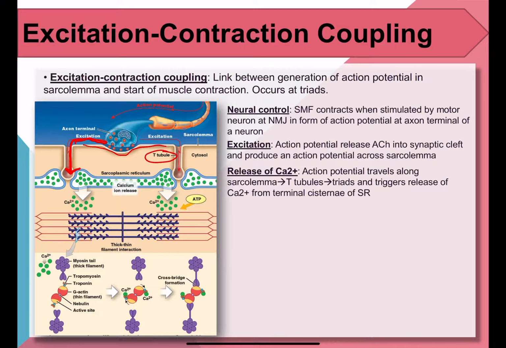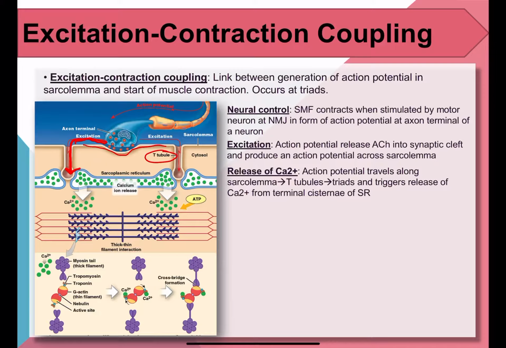The T-tubule is going to relay the signal of that action potential from the sarcolemma on the top towards the middle of the myofibril, and then signal the terminal cisternae of the sarcoplasmic reticulum, which will then trigger the release of calcium ions from the terminal cisternae of the sarcoplasmic reticulum into the sarcoplasm. So this is what I'm talking about here.